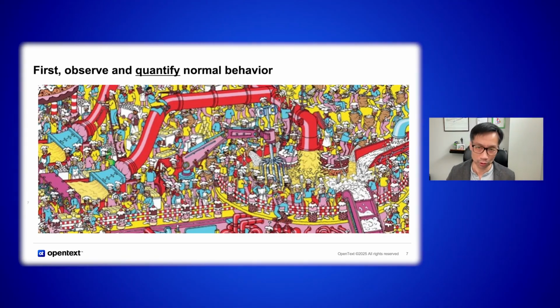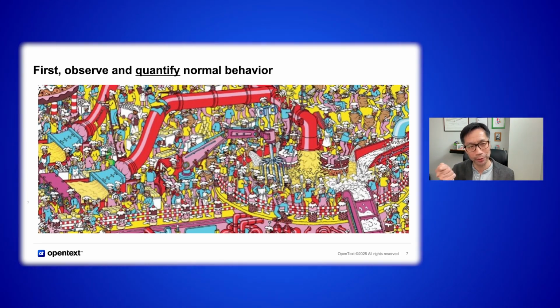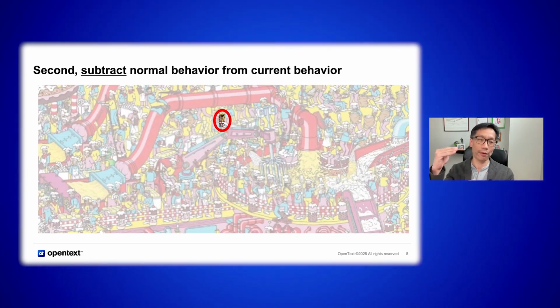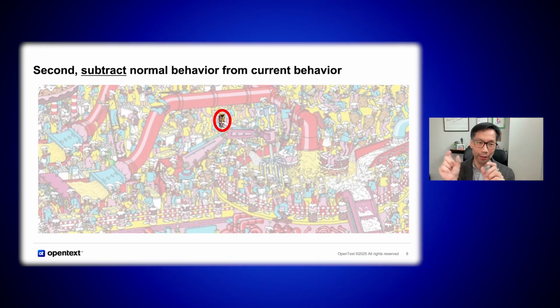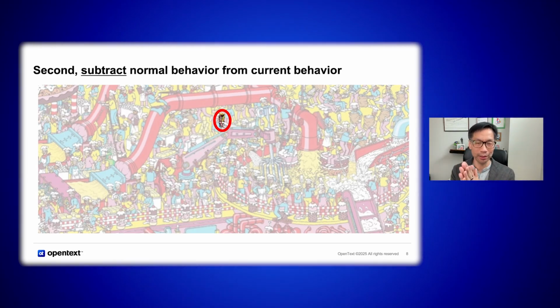That number represents normal. Now, if you have a way of taking current behavior and representing that as a number, then you can take the number that represents normal and subtract from it the number that represents current behavior, right? What that means is that if someone is behaving normally, then the 2 numbers are the same. And so that difference, when you do that subtraction, approaches 0.